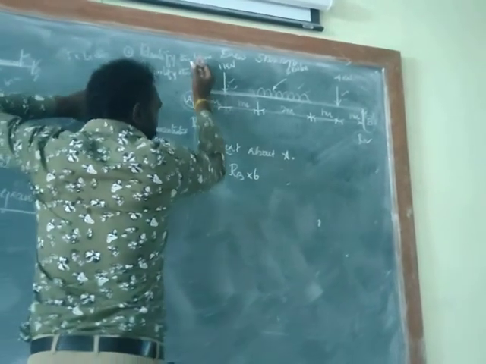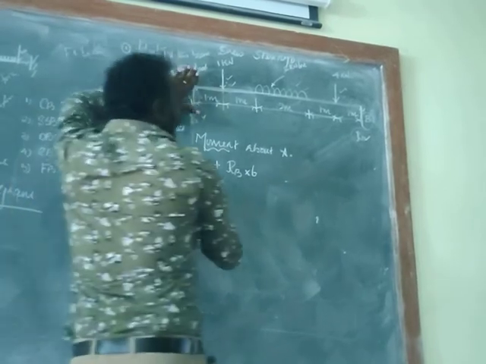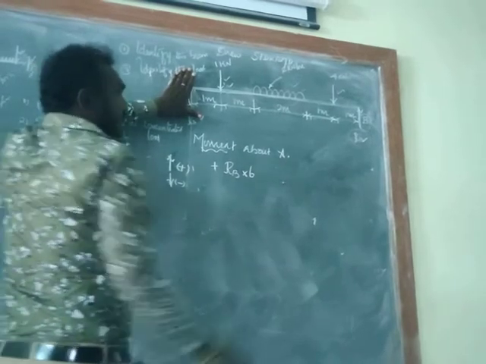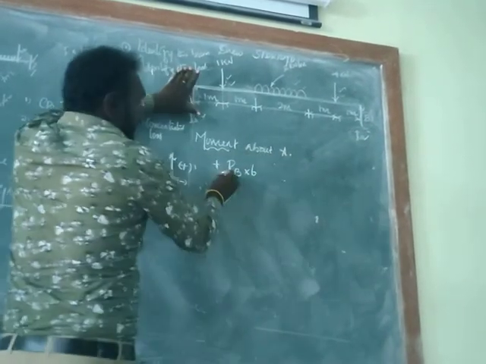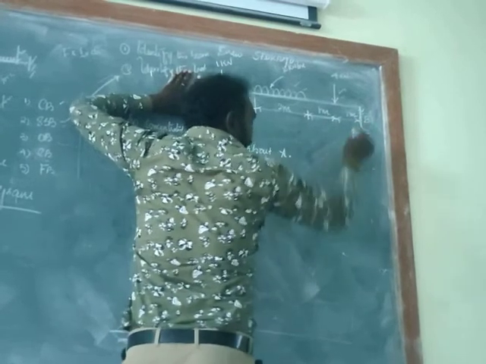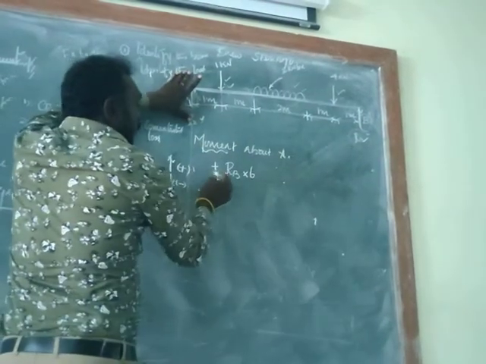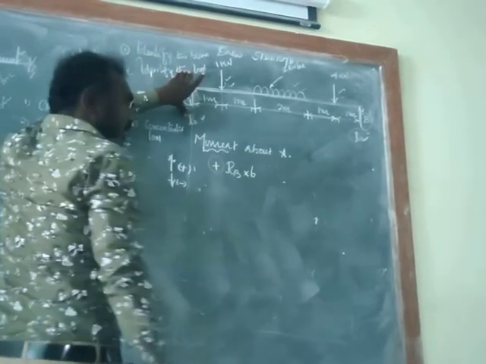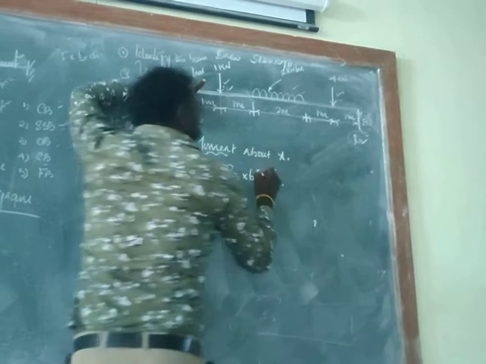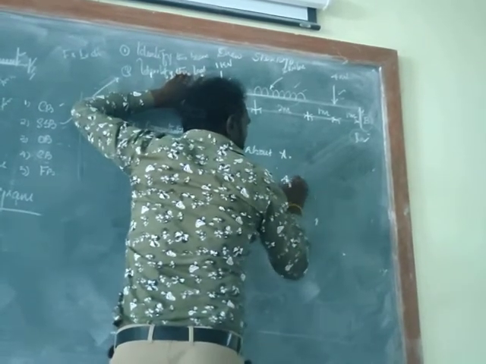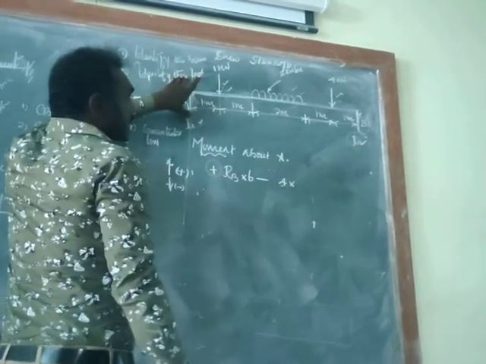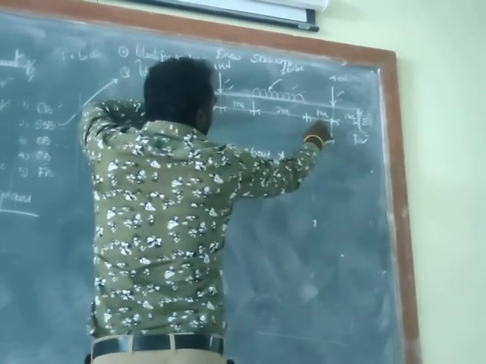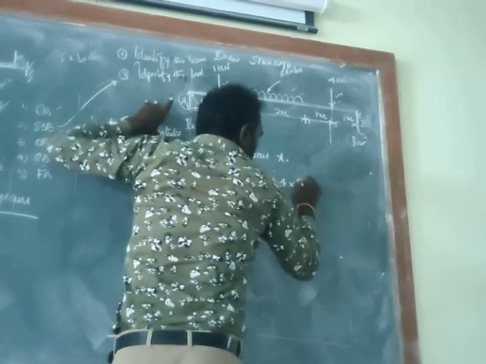We are calculating the moment about A, considering the moment from the right side onwards. First load is RB into 6, because RB is acting upwards, so we put the positive symbol. Next load is 4 kilonewton. It is a point load acting downward, so put the minus symbol. 4 into the distance from A, 2 plus 1 is 3, 3 plus 2 is 5.